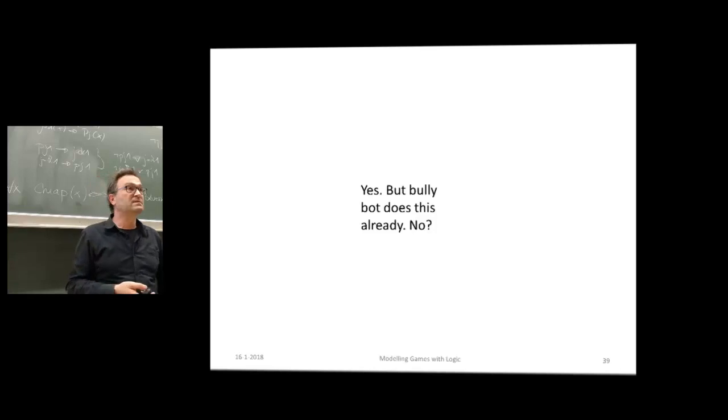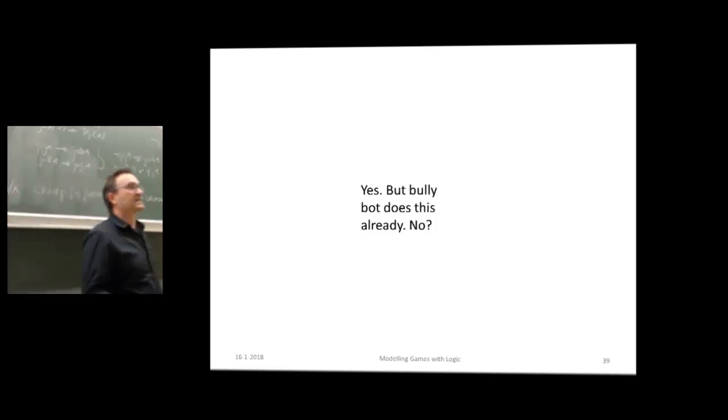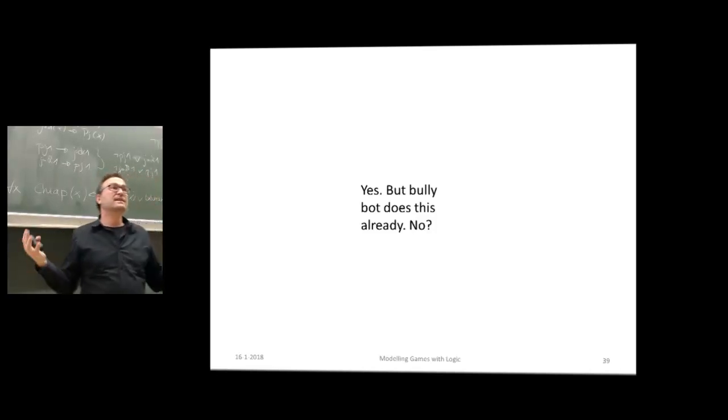Yes, that's nice and pretty, but all the strategies that I've shown you are already implemented in the bullybot, more or less. So why on earth do we need to do all this logic stuff? I think the answer is the classical answer: that you can build up a stock of declarative knowledge about games.